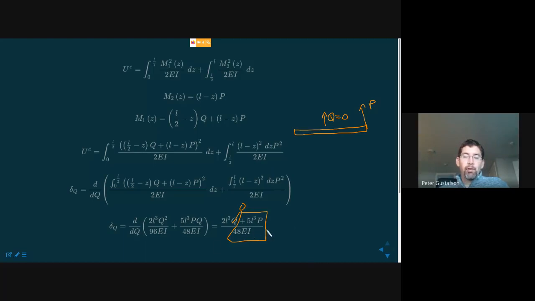So very simplistic calculation, gets us the deflection at the point of interest. You can generalize this actually to say, well, I can calculate it anywhere in the beam just by modifying where I assume the integral begins and ends for each of these two components of energy, complementary energy.